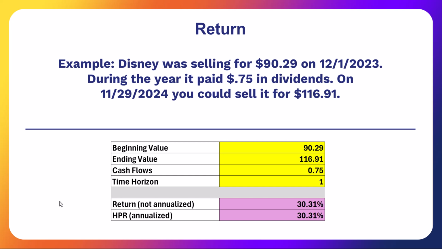You could do this in Excel with the formula. So the beginning value, 90.29, enter the ending value, 116.91. The difference between these two is our capital gains. The cash flow was 75 cents, and this took 1 year to happen. So this gives us our return for the year of 30.31%.